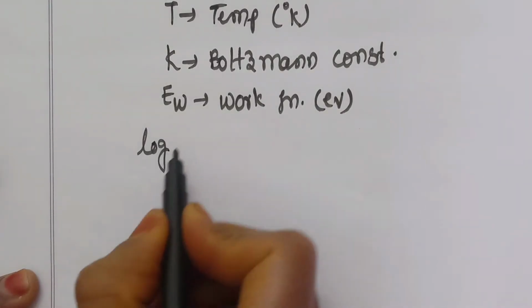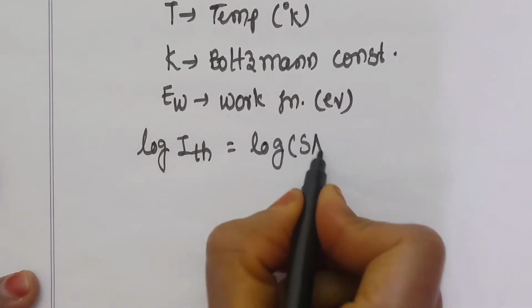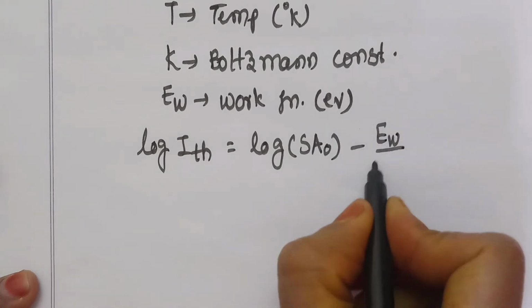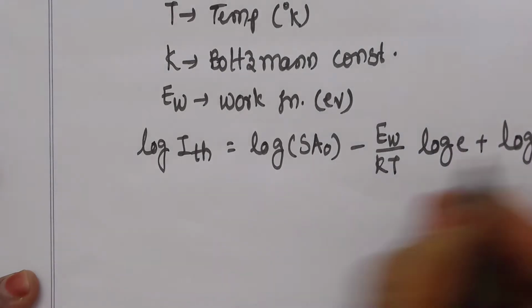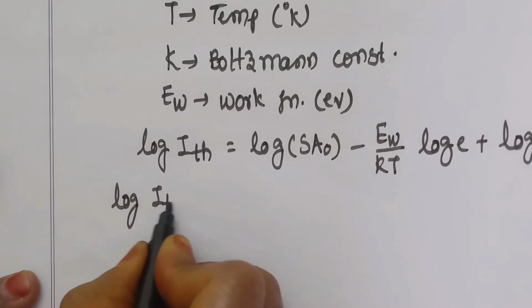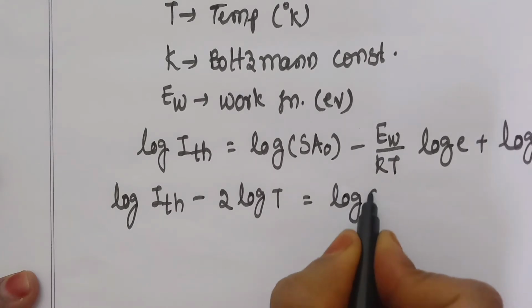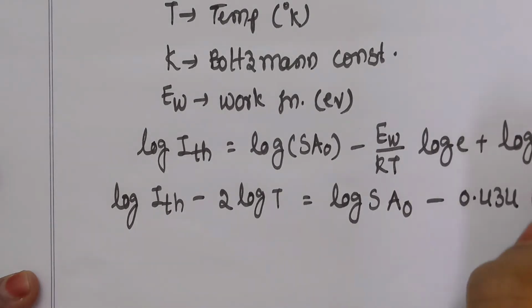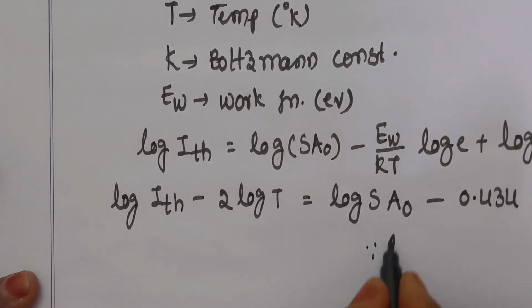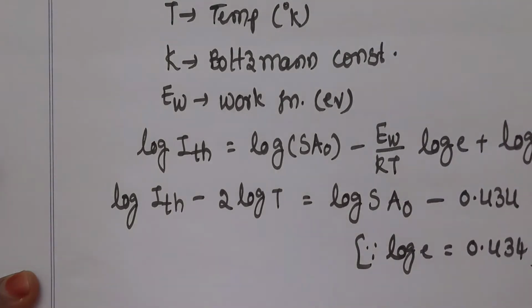Taking logarithms of equation number 1, we get log of I_th is equal to log of S A0 minus EW by KT into log e plus log T square. So this can also be modified as log of I_th minus 2 log T is equal to log S A0 minus 0.434 into EW by KT, since log e is equal to 0.434, that we have substituted in the above expression.